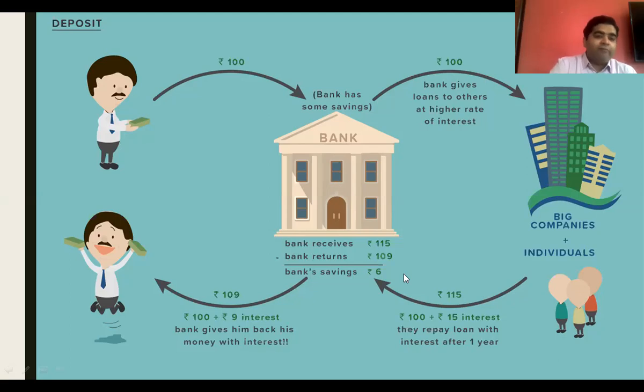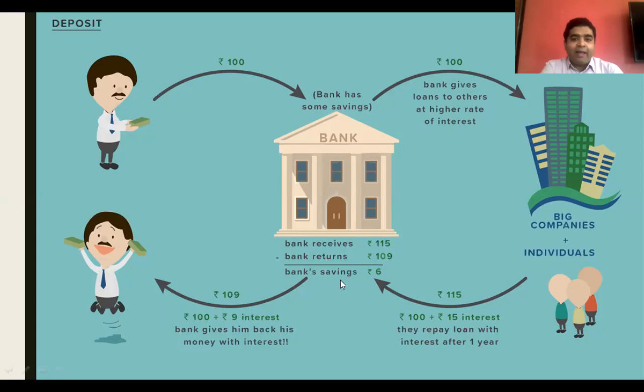Out of 115 rupees received, it pays back 109 rupees to the original depositor, who gets the principal amount of 100 which was deposited by him into the bank along with interest of rupees 9. So basically, the bank accepts deposits.